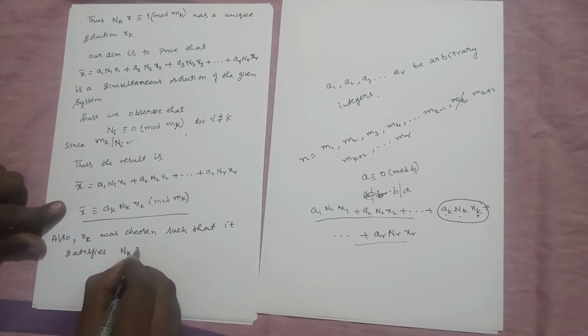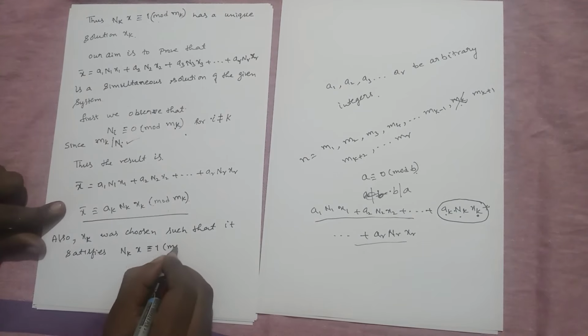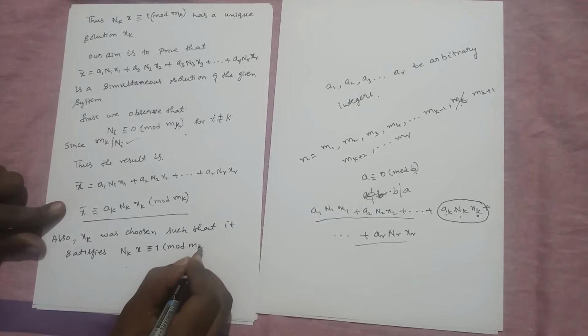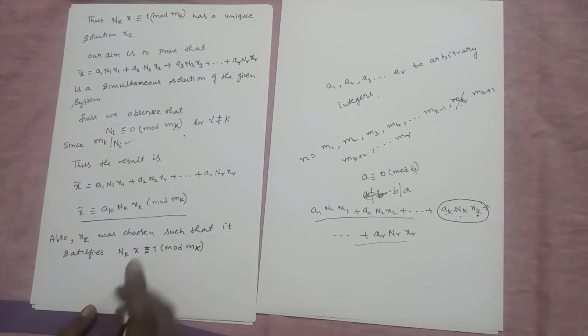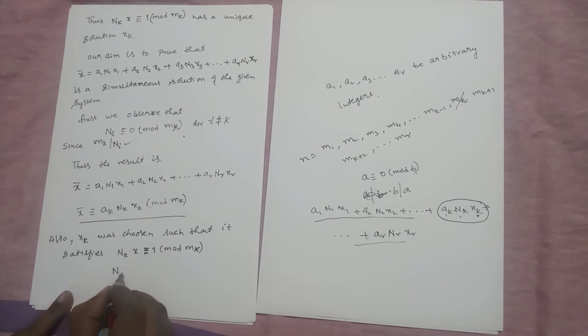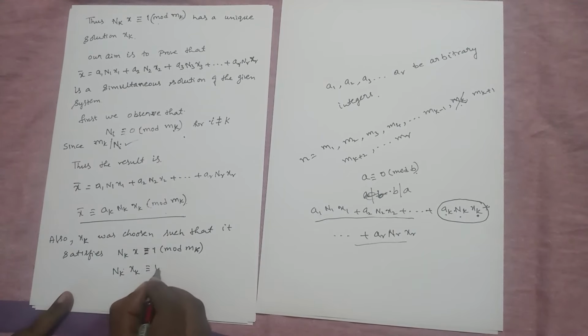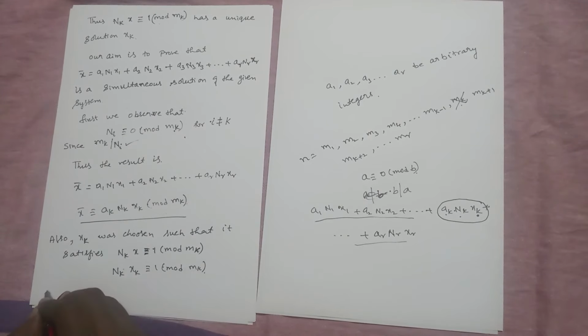here nk x is congruent to 1 mod mk. So here you have one theorem for congruences. Using this result, I am using that result here. So what I get here, xk, here nk, this can be written as xk is congruent to 1 mod mk.